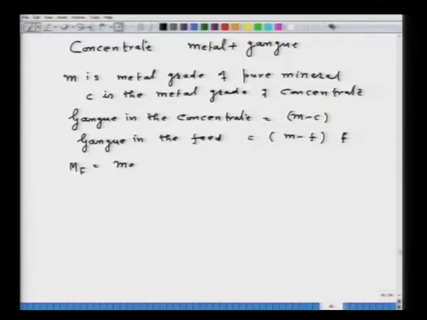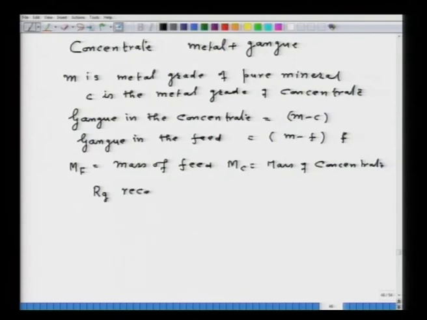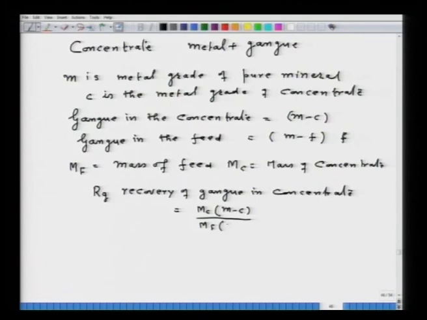Now, if I say MF is equal to mass of feed, and MC is equal to mass of concentrate, then recovery RG, that is recovery of gangue in the concentrate, will be equal to MC, the mass of concentrate, multiplied by M minus C, which is gangue in the concentrate, divided by mass of the feed into gangue in the feed.